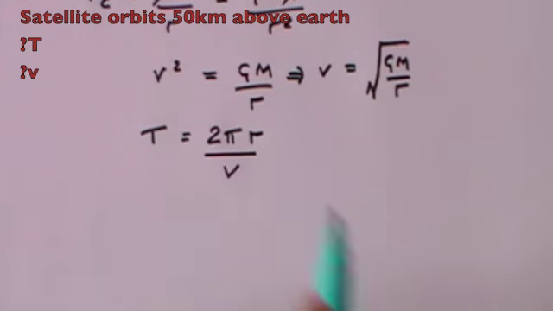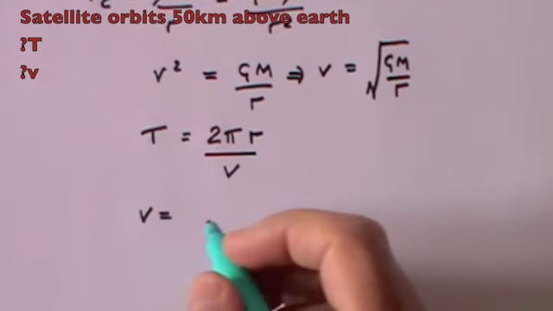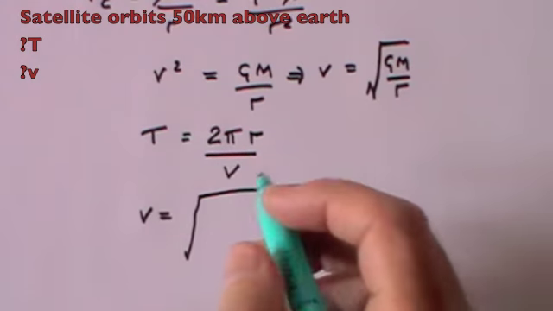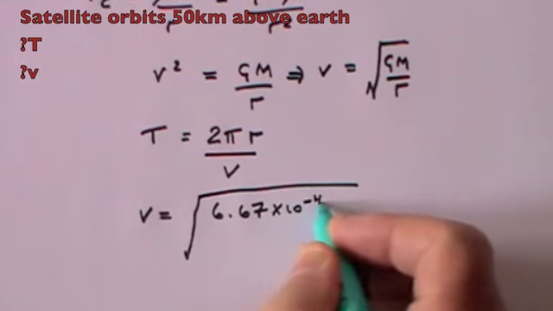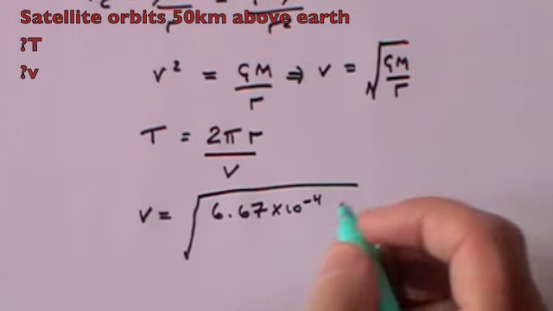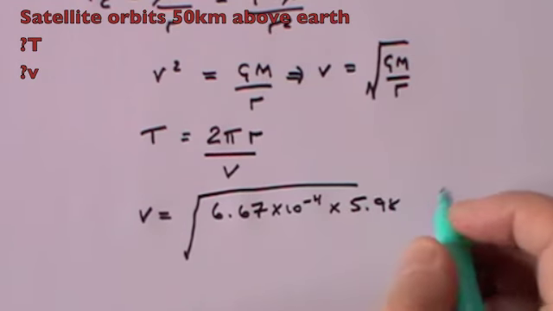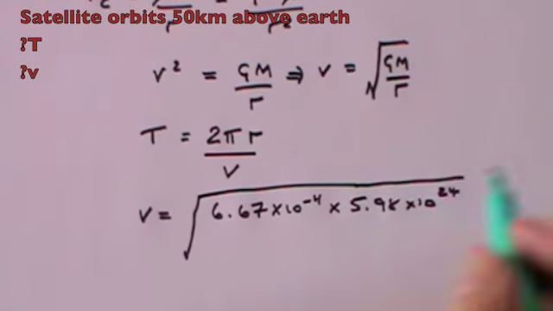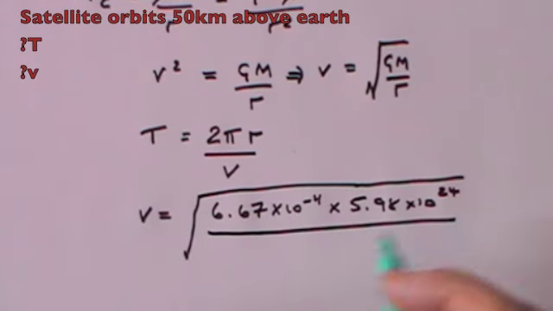So let's first of all just do the pure maths. The velocity is the square root of GM over r. Well, that's going to be 6.67 times 10 to the minus 11. That's G. The mass of the Earth we've been given as 5.98 times 10 to the 24 kilograms. This is all square root, so that's GM, divided by r.